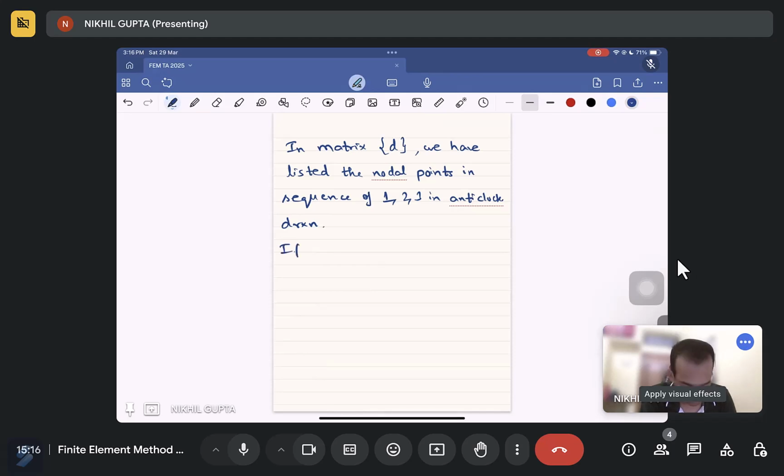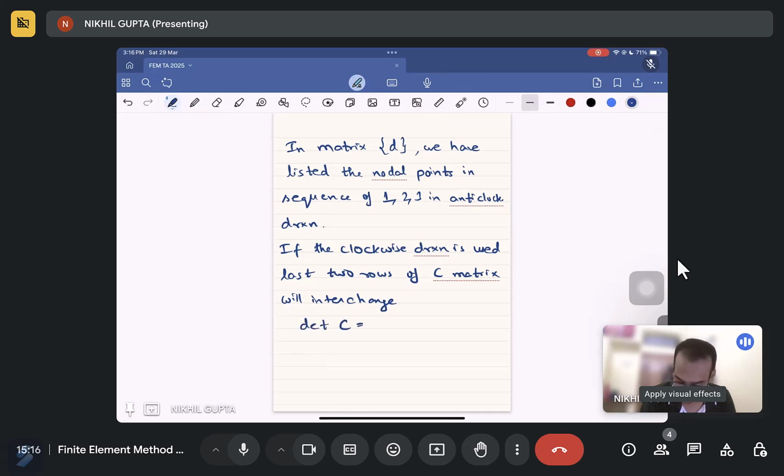If the clockwise direction is used, the last two rows of C matrix will interchange, and determinant C, which we called area, will become 2A.